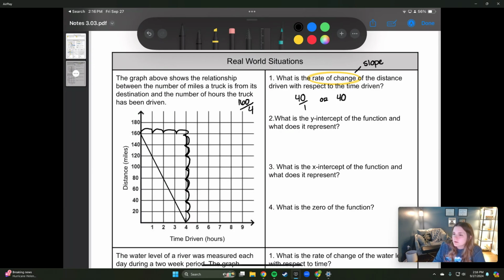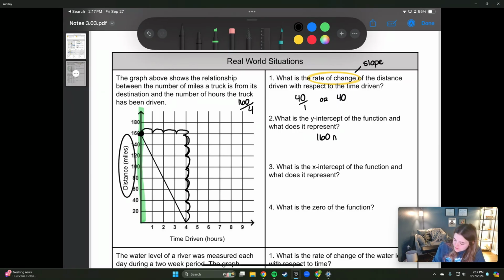What is the y-intercept of the function, and what does it represent? Now remember, the y-intercept is where it crosses on the y-axis. So remember, your y-axis is your vertical. Where does the line stop on your y-axis? Right here at 160. But 160 what?